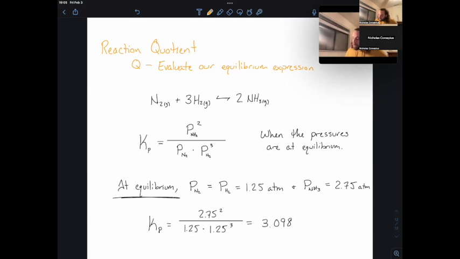So when we take this same expression here, but we don't know what the equilibrium values are, all we know are just random initial concentrations. If we plug those into that same equation, instead of calling it K, or equilibrium constant, we call it Q. So we evaluate our equilibrium expression at any conditions other than equilibrium.